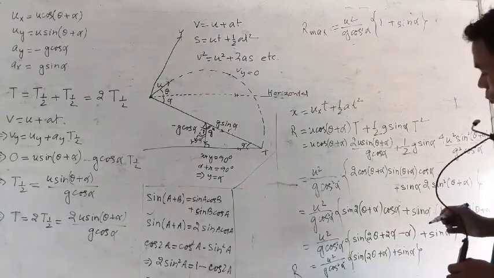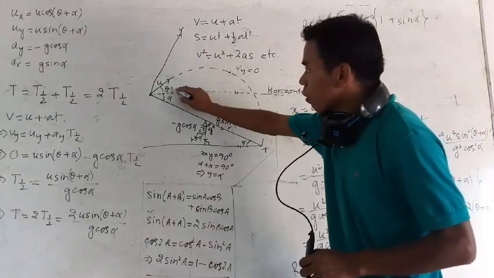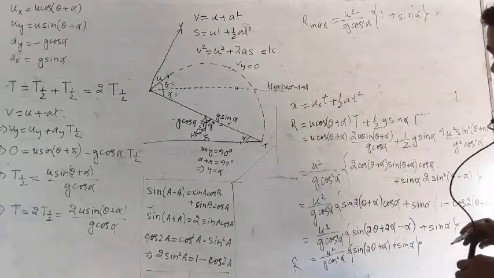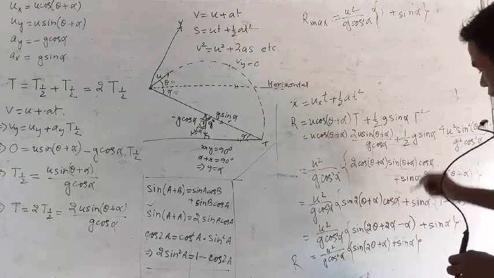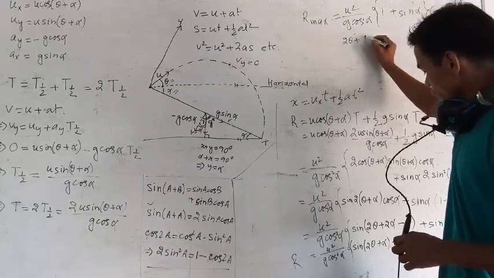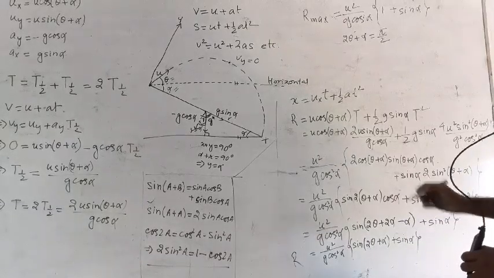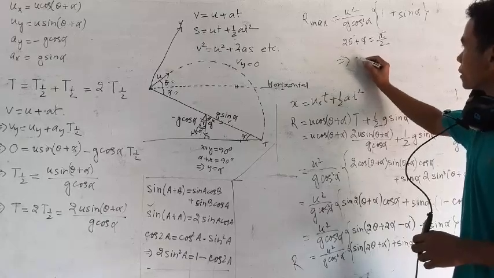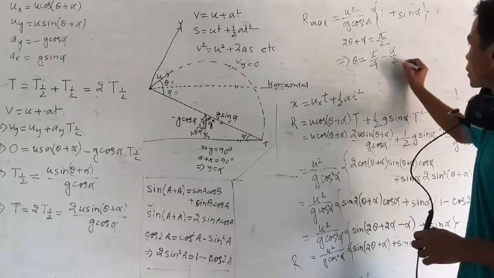Now I want to find a relation between the angle of projection and this α term. Under what condition do we get the maximum range? We know the maximum range is obtained when the argument, this angle, is equal to π/2, because the sine function gives its maximum value when the angle is π/2. This implies θ is equal to π/4 minus α/2.